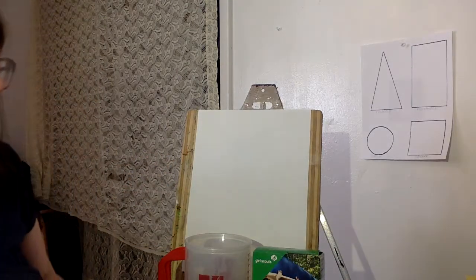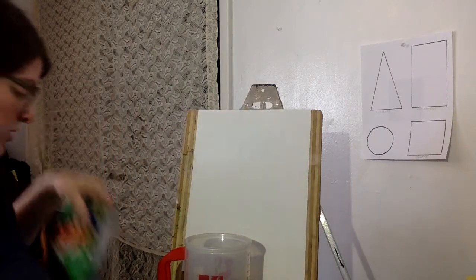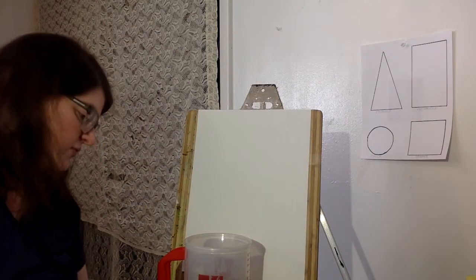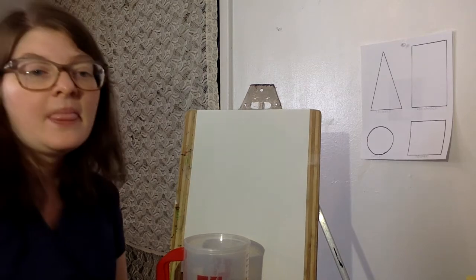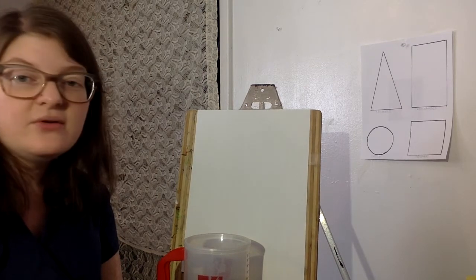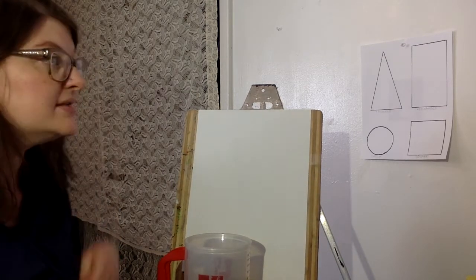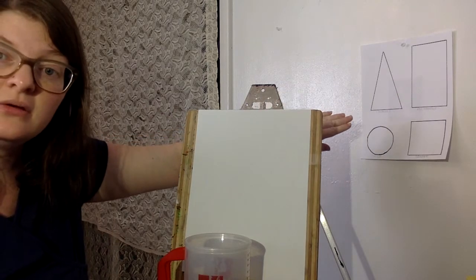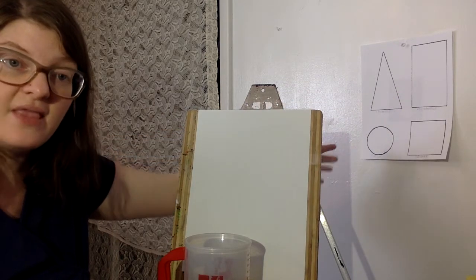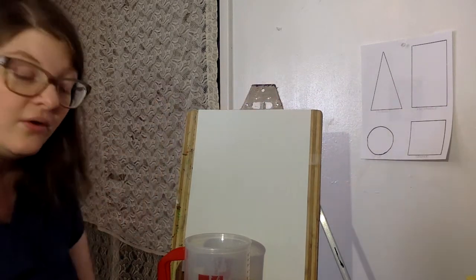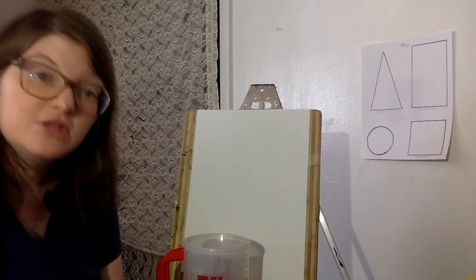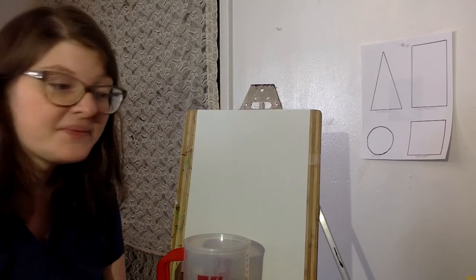Okay, so with cylinders and cones, there's a couple ways that you can make them look 3D. You can take them from triangles and rectangles and then make them 3D, right? The way that we did with squares and rectangles, and we made them into cubes and rectangular prisms.